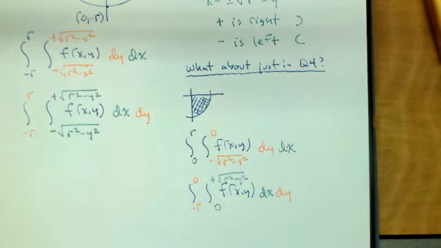So we control what goes into the f of x y dy dx or f of x y dA by describing what x goes between and what y goes between. That was backwards. What x goes between and what y goes between. The function is just going to be the height above each dA.